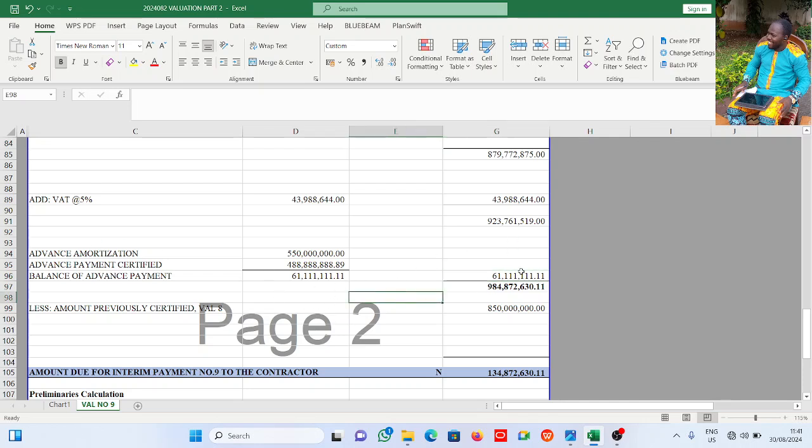Now, if I add this up, this gives me 984,872,630 naira 11 kobo. Now we are told in the question the amount previously certified in valuation 8.